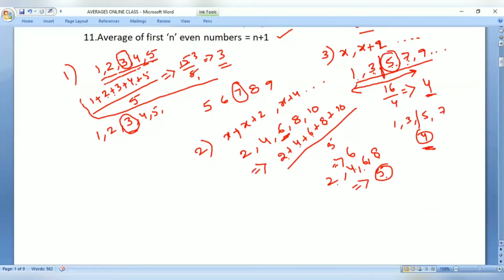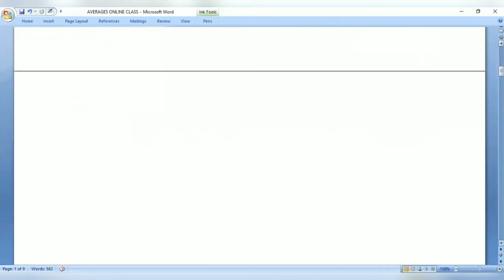Okay. Now, let us slightly expand our concept. Now, for example, here there is a point A. Here there is a point B. If a person started from point A and moved to point B, then he returned from B to A. He traveled from A to B with a speed of X kilometers per hour, and he returned the same distance with the speed of Y kilometers per hour.